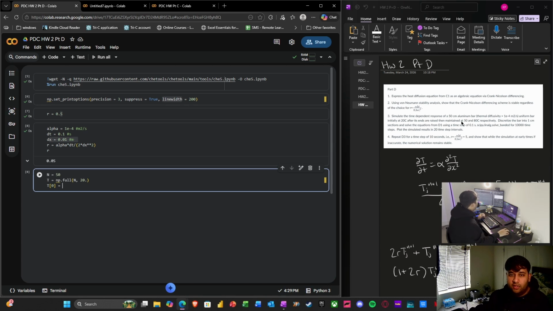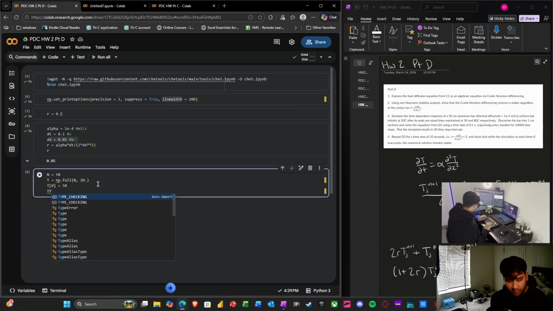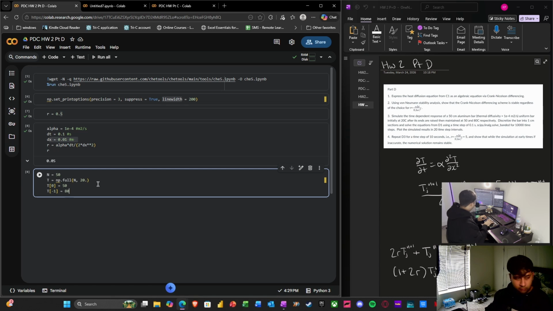So it says it was maintained at 50 and then 80 degrees respectively. So our initial, we're going to keep it at 50 for the change. And then 80.